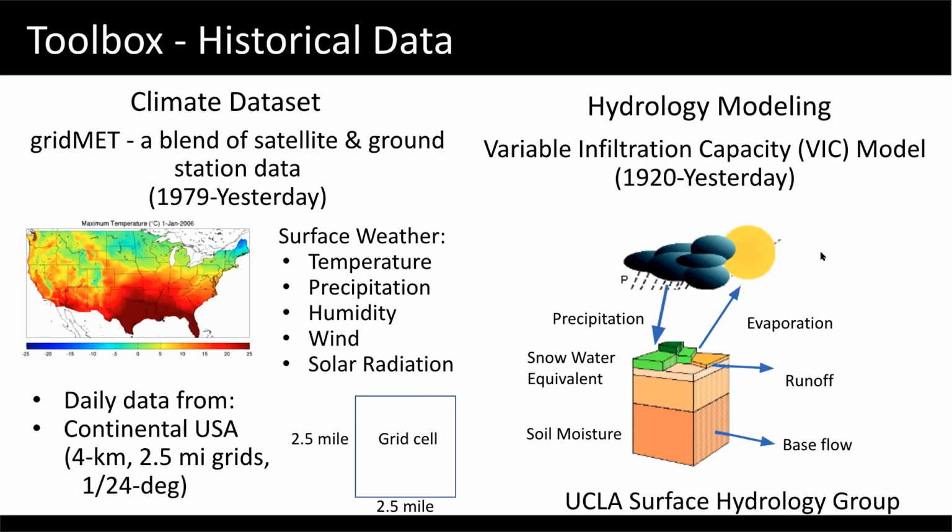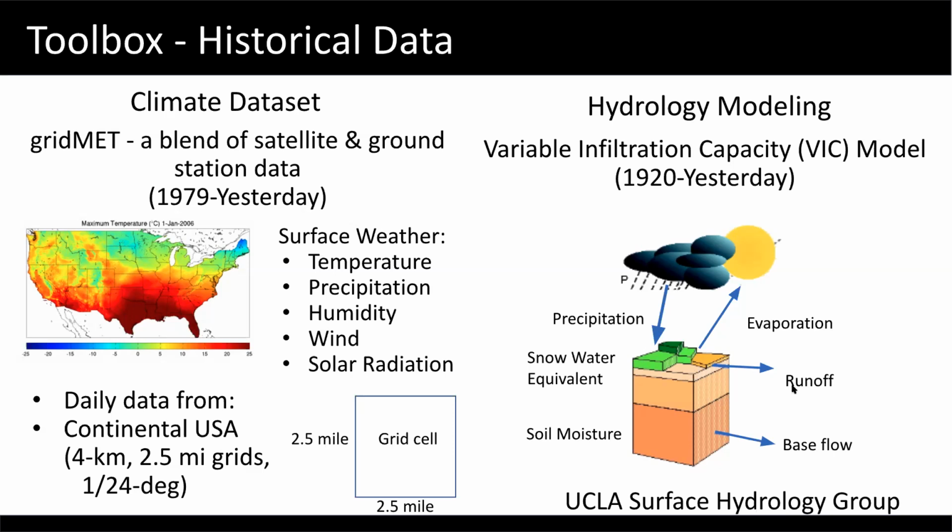And second, we have hydrology data, and it is coming from feeding climate data into the variable infiltration capacity model, which is the VIC model. Basically in this model, each grid cell is given a land surface and 3 soil layers, and the water balance for that grid cell is calculated to give daily values of evaporation, soil water, snow water equivalent, and soil moisture at the 3 levels.